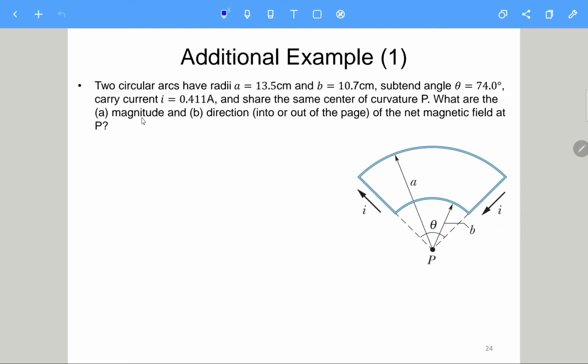What are the magnitude and direction, into or out of the page, of the net magnetic field at P? We want to evaluate the B field at this point.